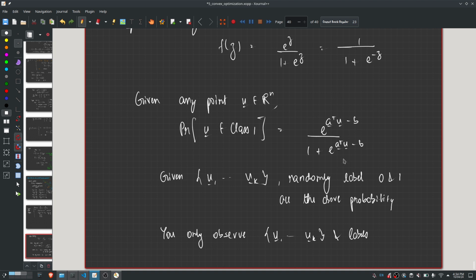If a and b are sufficiently large, suppose I labeled points according to this, and a and b are really large. Then the set of points so generated, at least with high probability, would be linearly separable. Correct?